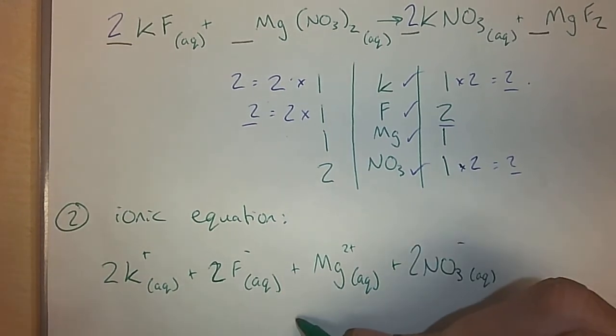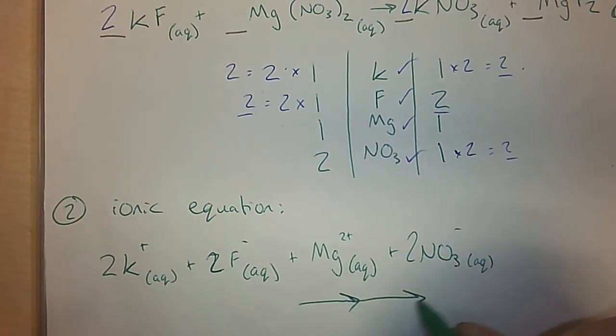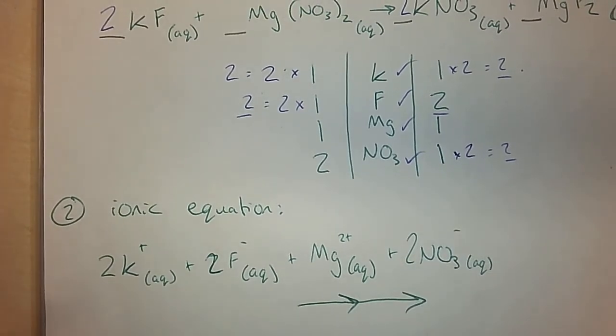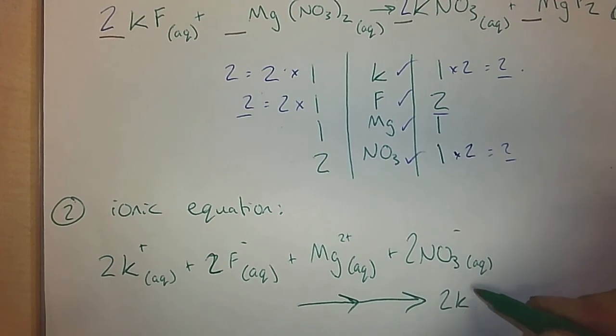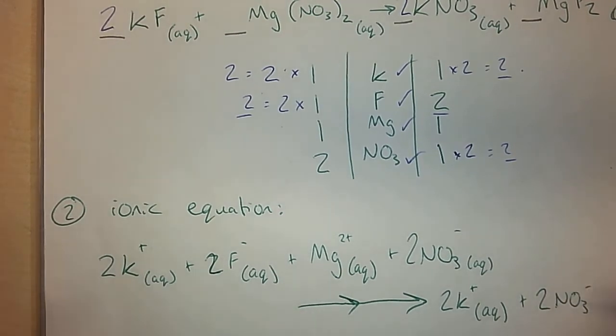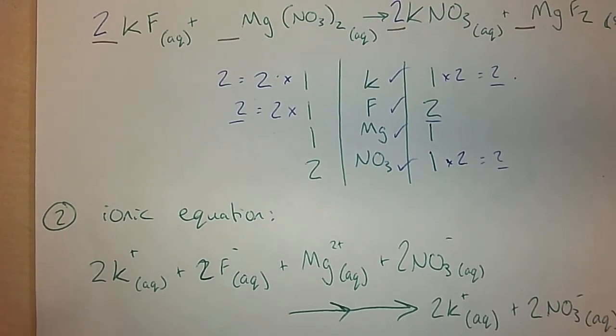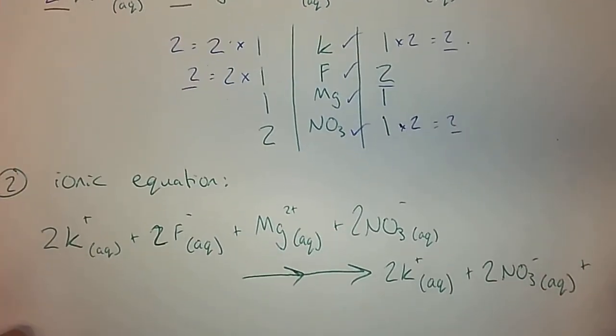Okay, now I'm going to draw this under here just to make it look nicer. The reactant side, what we've got is 2K plus, which is aqueous, and we have got 2NO3 minus, which is aqueous, and then finally we have got, now wait for it, it's a solid we're looking for now, isn't it?